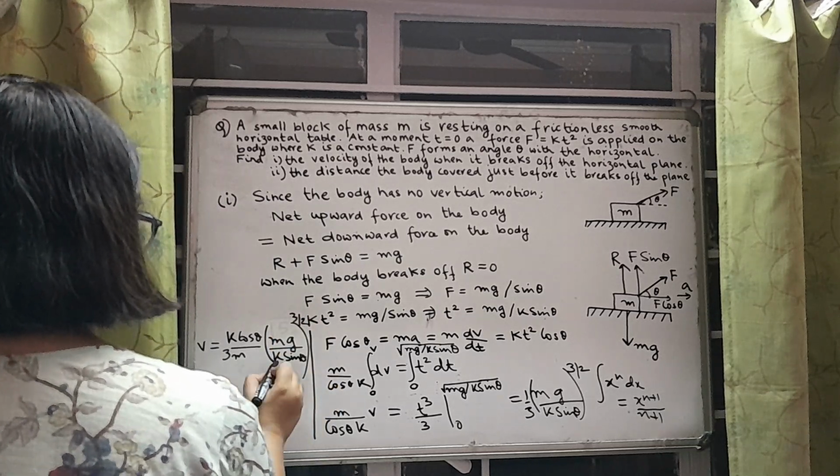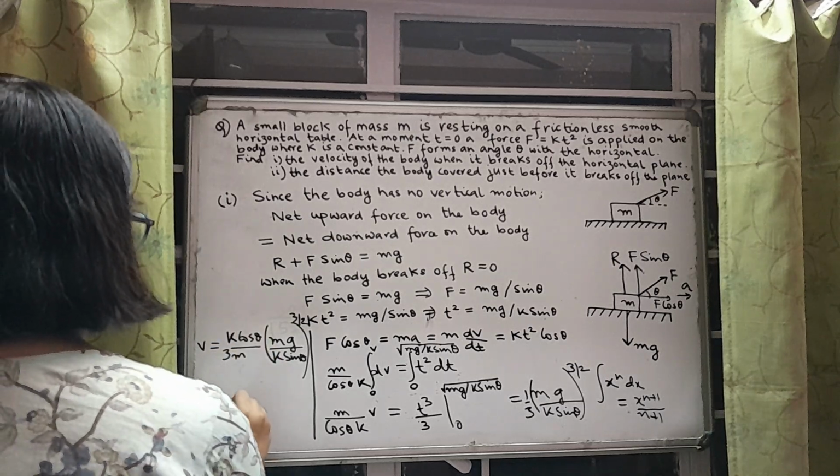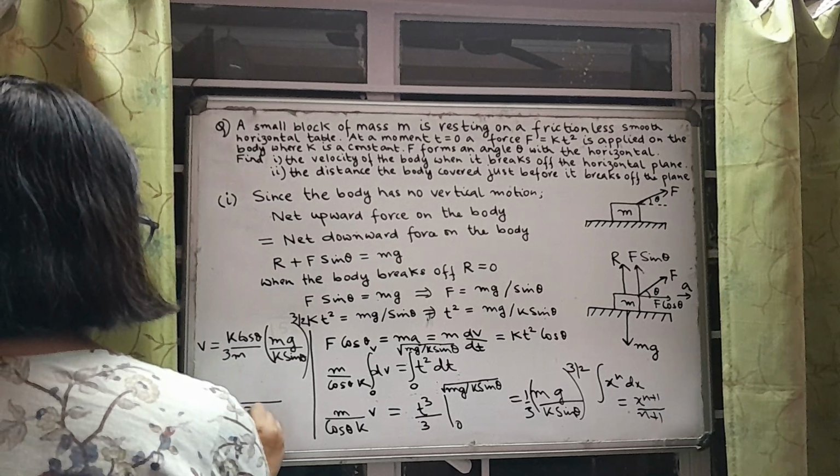Here the power of k is 1 minus 3 by 2, so this becomes 3 by root k.